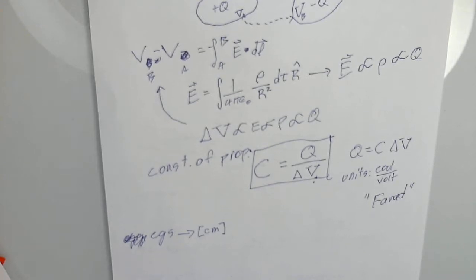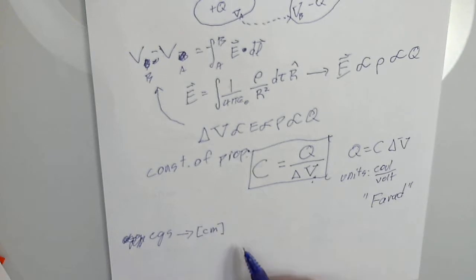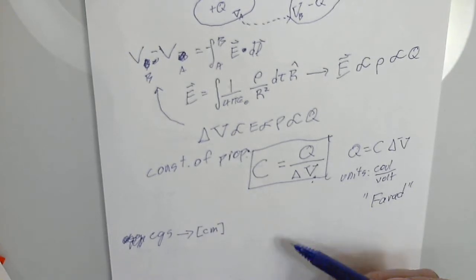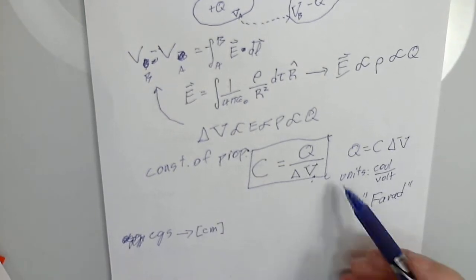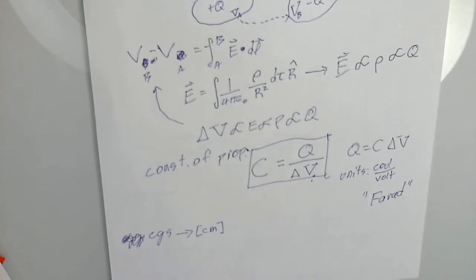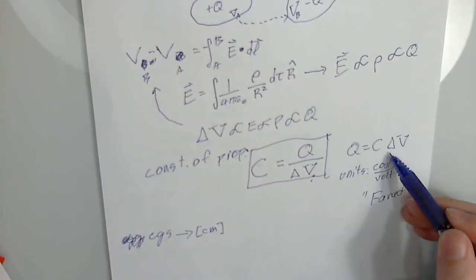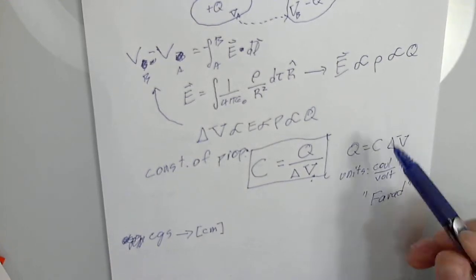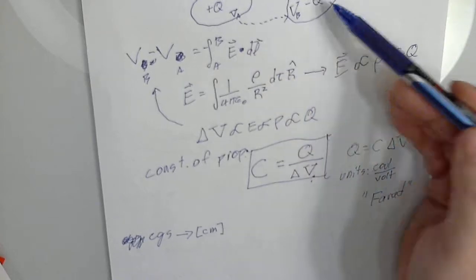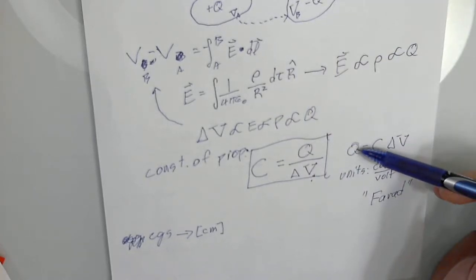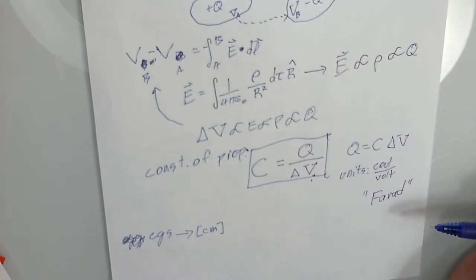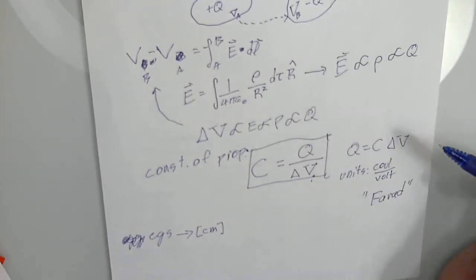So the point is that the capacitance gives you a constant proportionality between the amount of charge on something and the electric potential. Now what this means is that as you move charge from one of these objects to the other, the electric potential between them gradually increases. As you move more and more charge, you get a greater and greater electric potential.